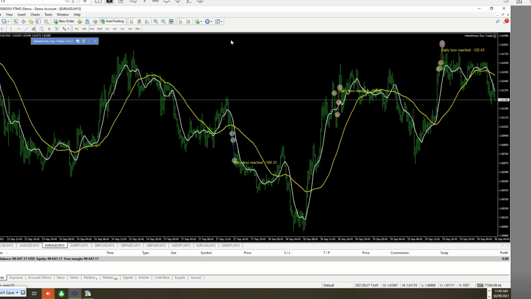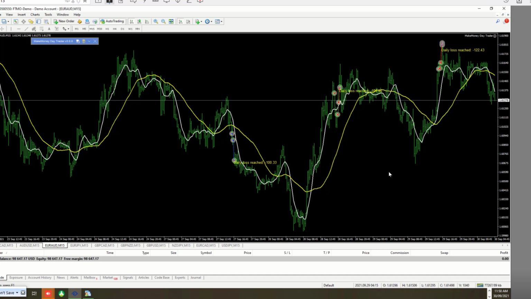Let's have a look at, and one thing you need to notice: the moving averages are very different from the previous ones. Remember, the previous ones were very close to each other. These ones are a little bit further away. Therefore, it will only trade in the direction of the trend. Like over that period there, the yellow's going up, the white's going down, so no trades will be taken.